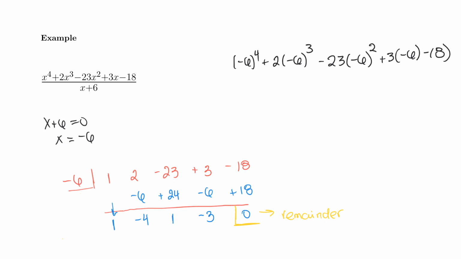Minus 6 to the 4th power is equal to 1296, plus minus 6 to the 3rd power is minus 216 times 2 is equal to minus 432. Then we have minus 23 times 36. It will be minus 828. Then we have 3 times minus 6, which is minus 18, then minus 18.